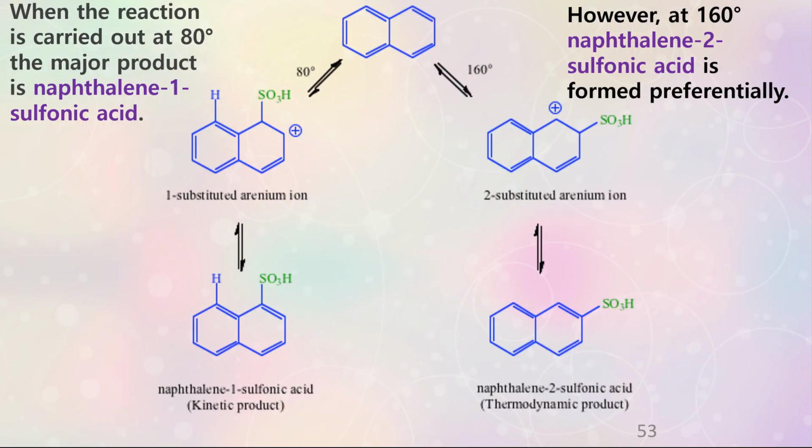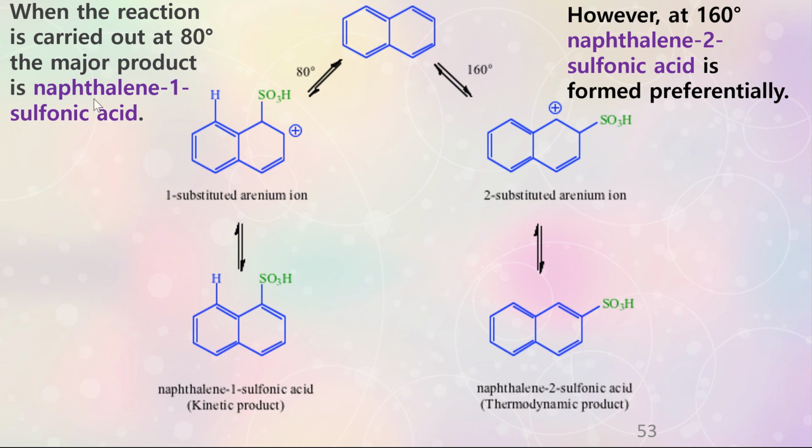In a similar fashion, when we react naphthalene under sulfuric acid conditions, you will have the formation of sulfonic acid. However, depending on the conditions, you will get either 1 sulfonic acid or 2 sulfonic acid.